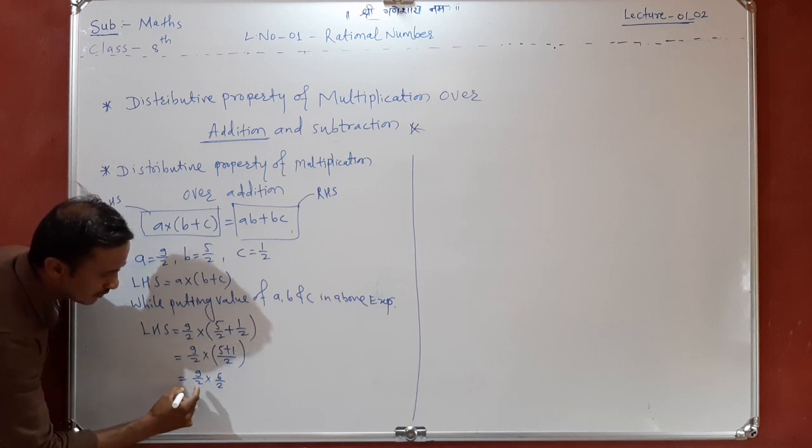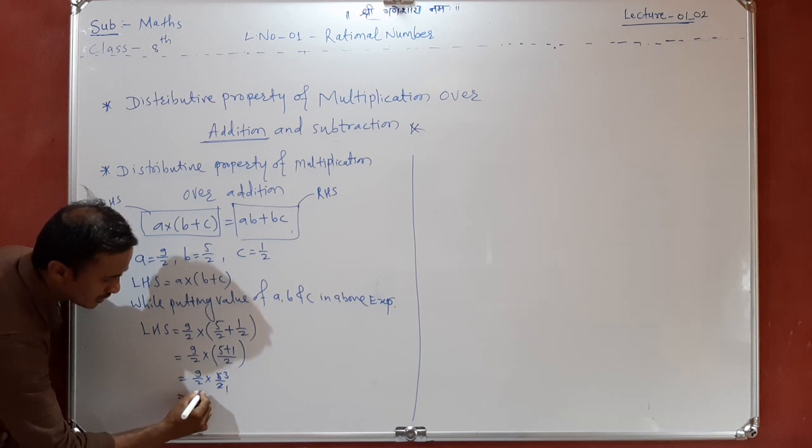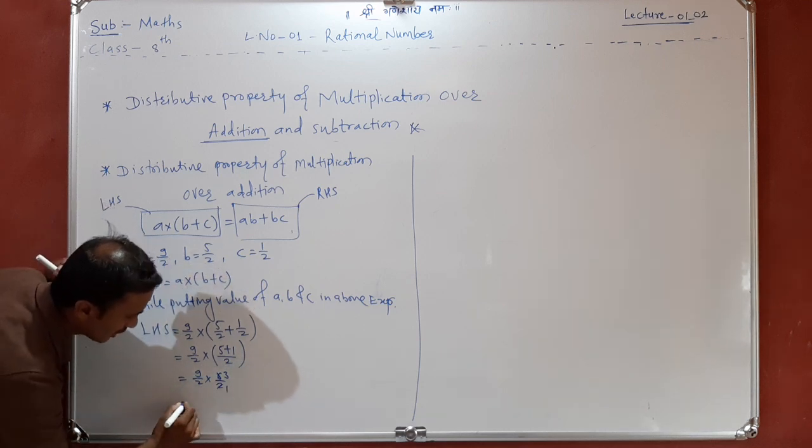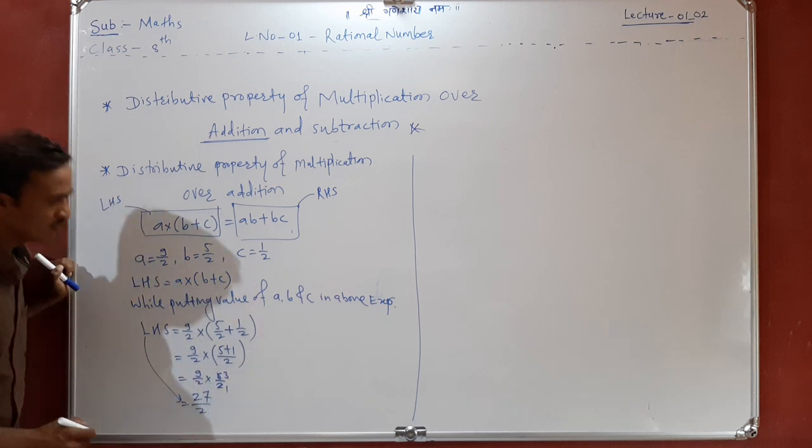Now 2 ones are 2, 3 nines are 27, here we are getting 27 upon 2. Now this is the answer of LHS.